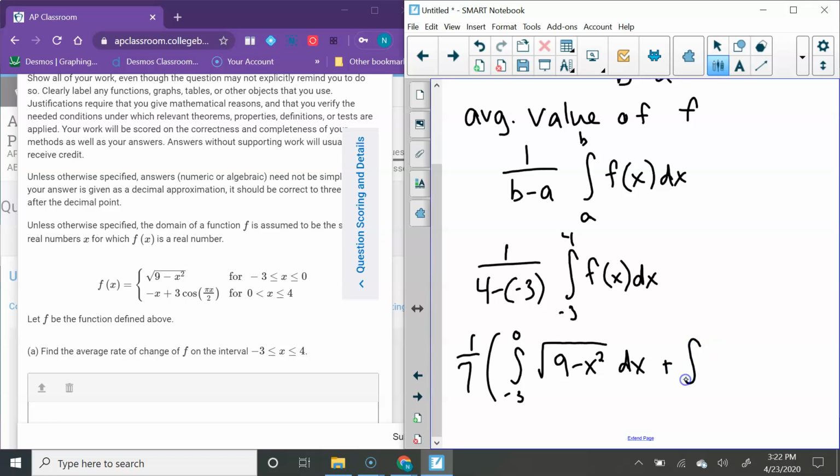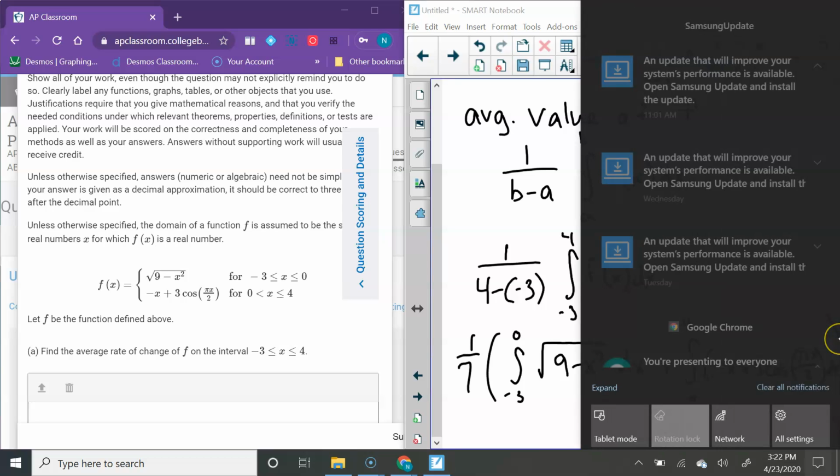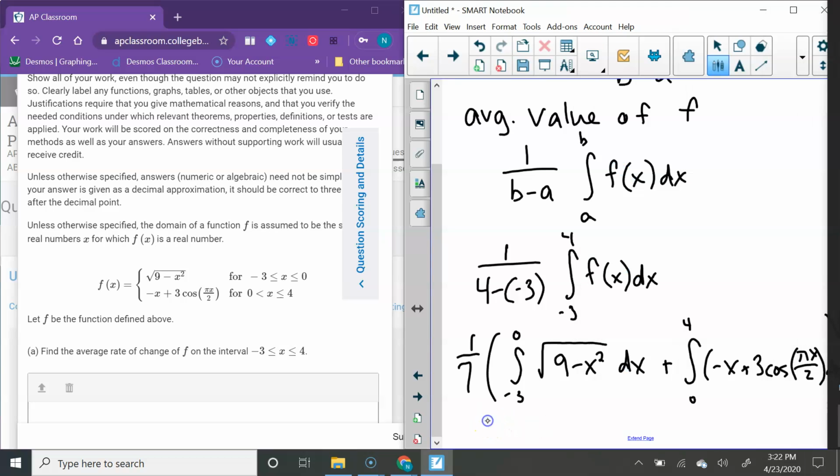Plus, we also have to integrate from 0 to 4 of -x plus 3 cosine of pi x over 2 dx. I'll put parentheses there, although I ran out of room.